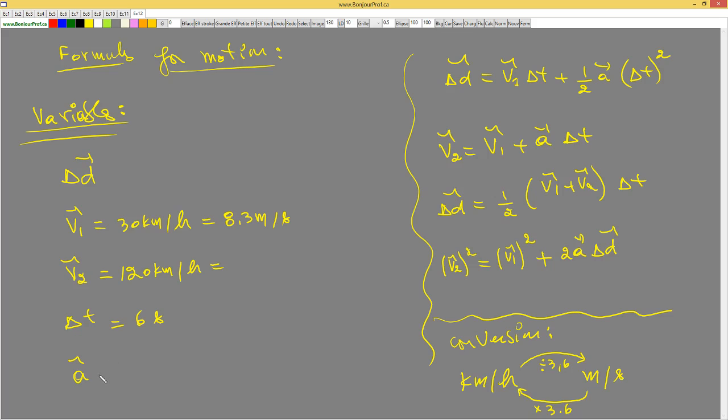So what is it? 33.3 meters per second. We are going to round later. Okay, and you see what we did.